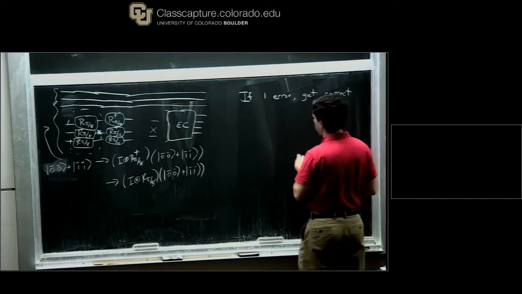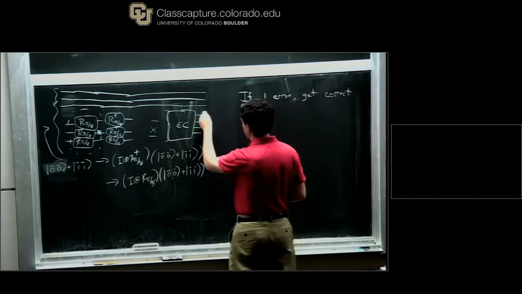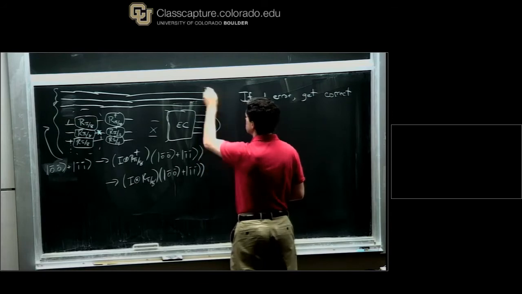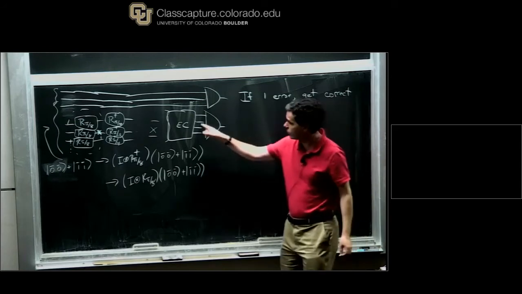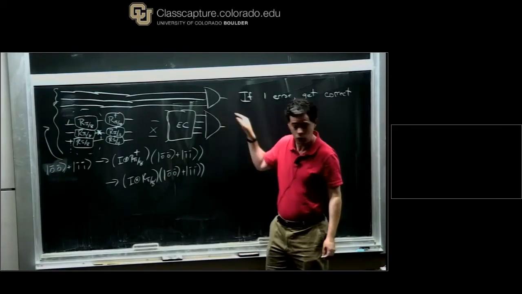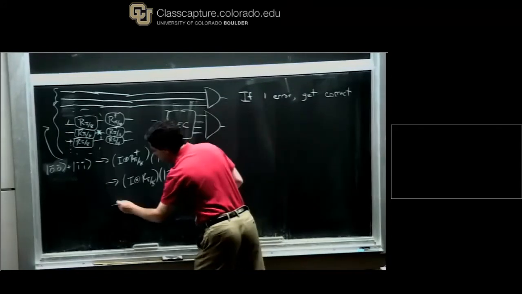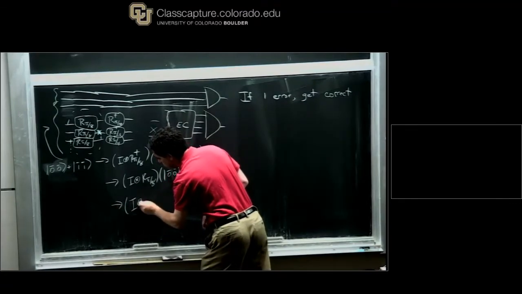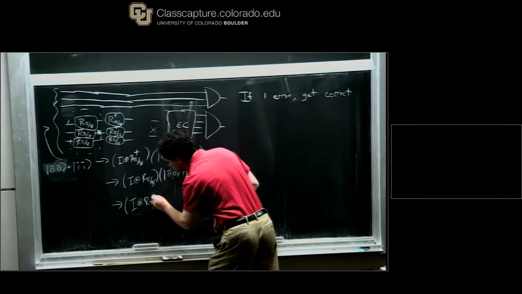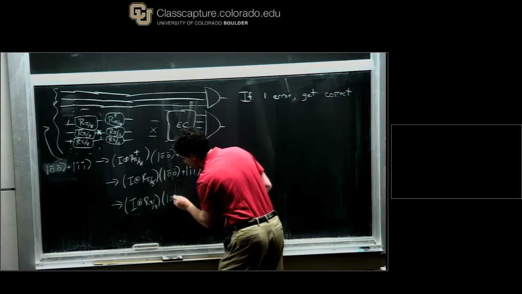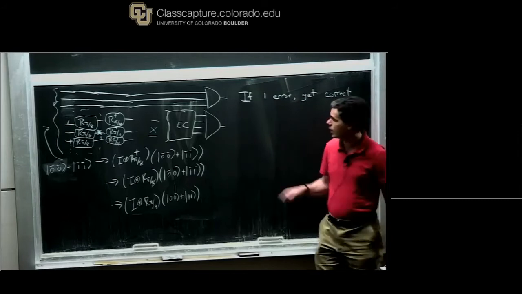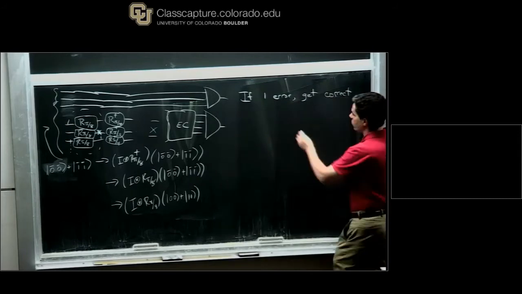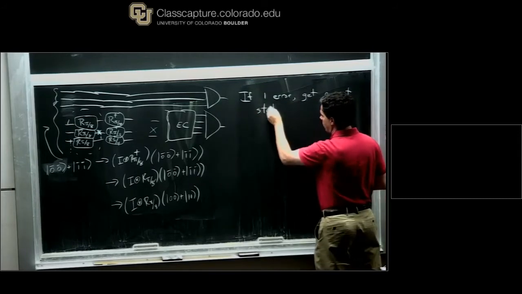Well, we sort of get the right state. So the next thing I want to do is decode this. And because we've gotten rid of the errors, when we decode, we get exactly the magic state. OK, so if there's one error, we get the correct state.